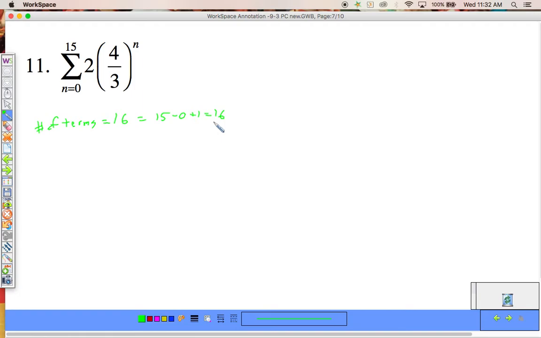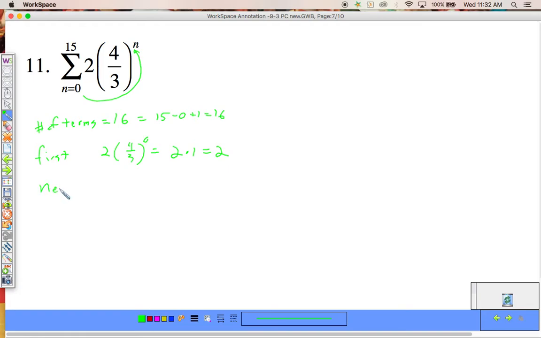Top minus bottom plus 1. My first term, I plug in 0 to get my first term.